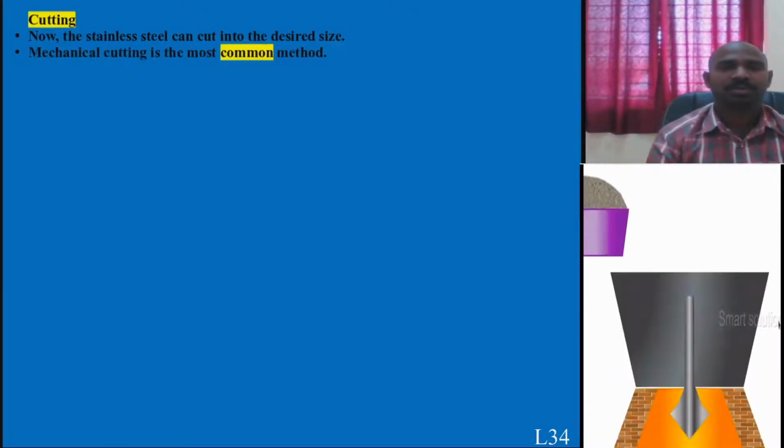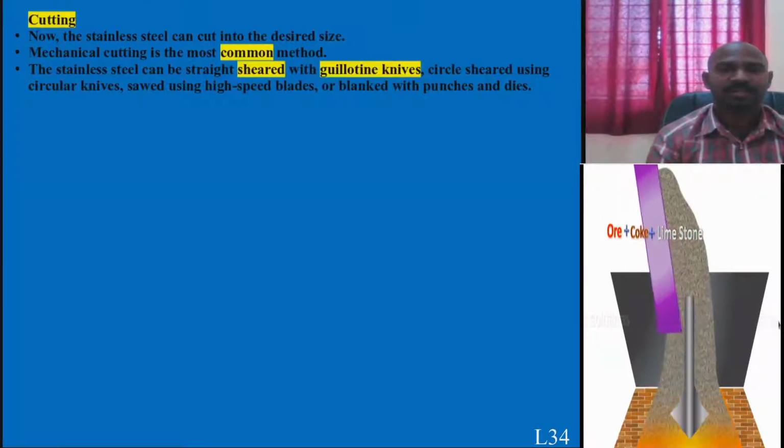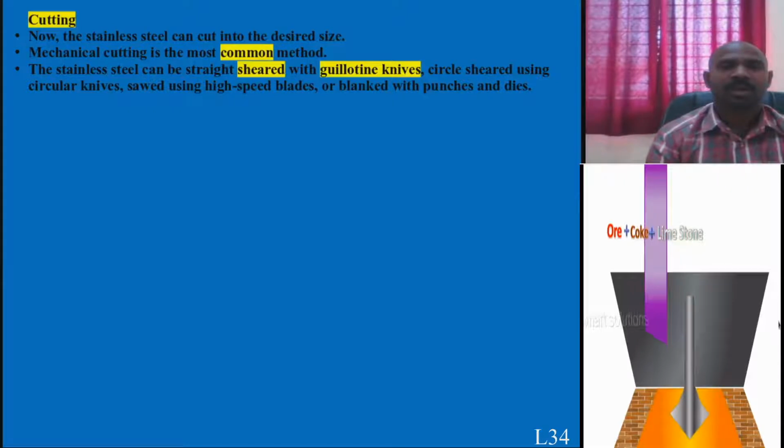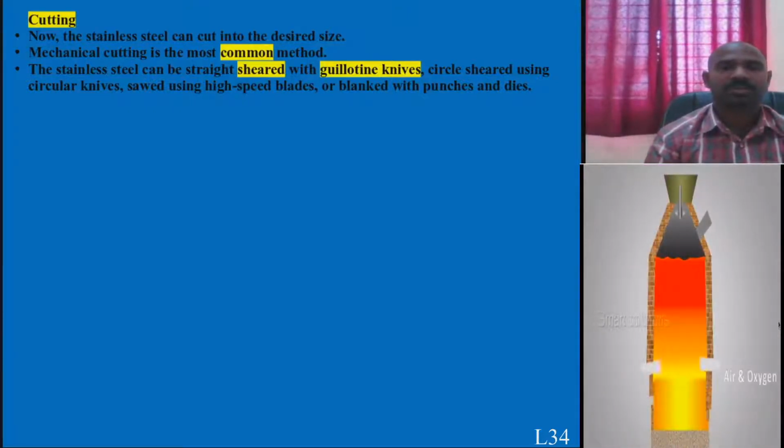Usually mechanical cutting is chosen, but there are a variety of cutting methods available such as straight shearing with guillotine knives. These inclined knives will be there on either side, and that particular rod or sheet will be passed through it with the shearing mechanism. It is cut into pieces.